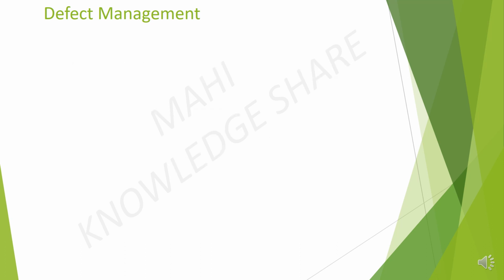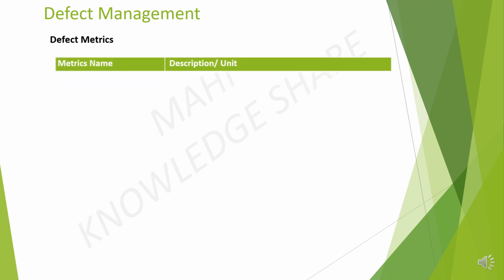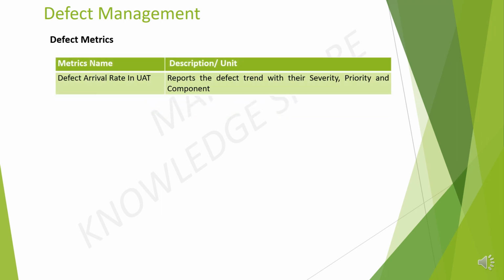Defect metrics. We provided only the major list of metrics for your reference. First one, defect arrival rate in user acceptance testing. Here we will report the defect trend with their severity, priority and component wise.